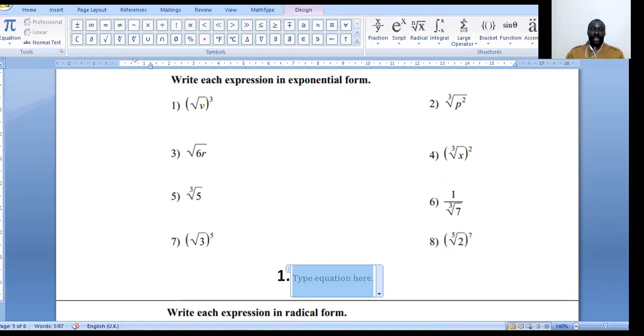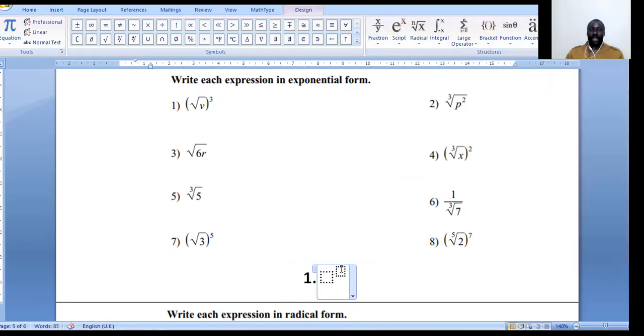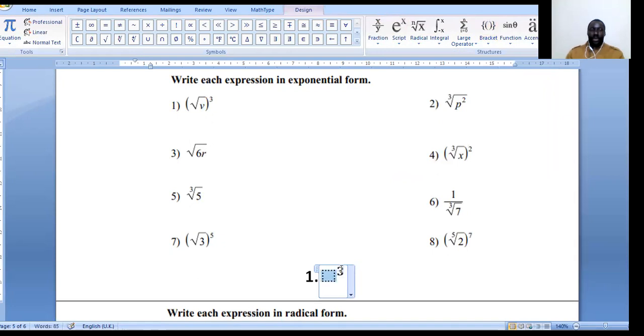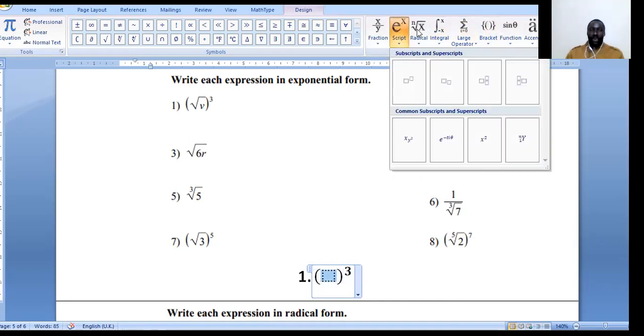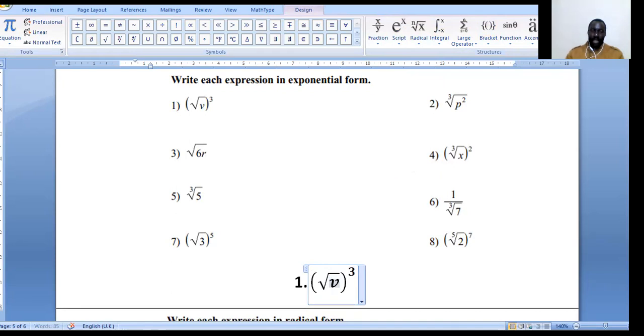The exponent outside is 3. What we have inside is a bracket, and inside the bracket we have the square root of v. So how do we then simplify this?